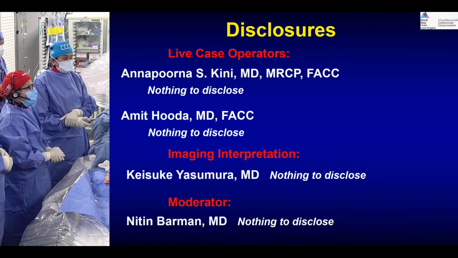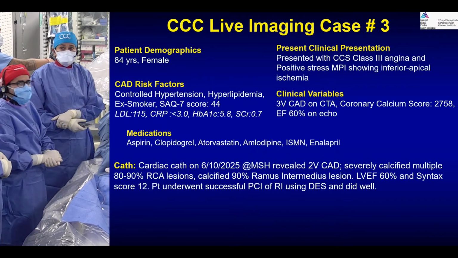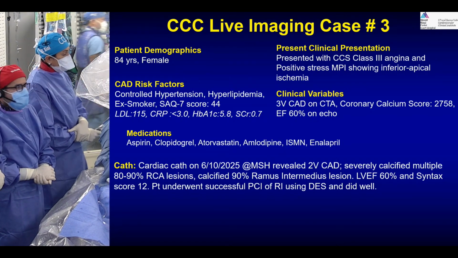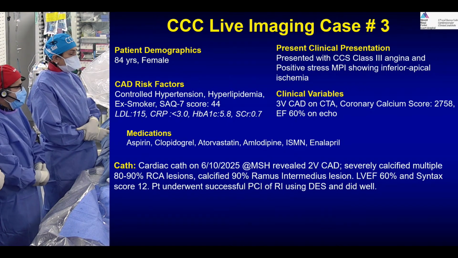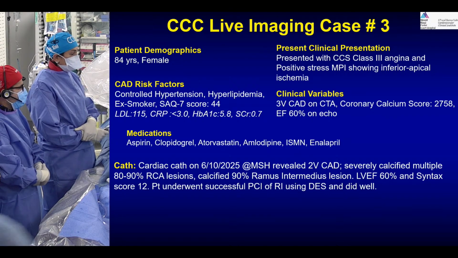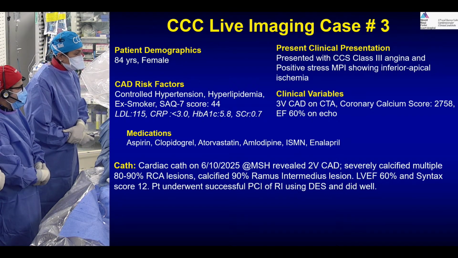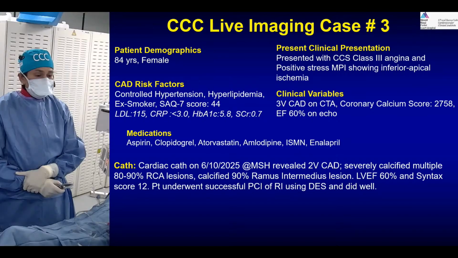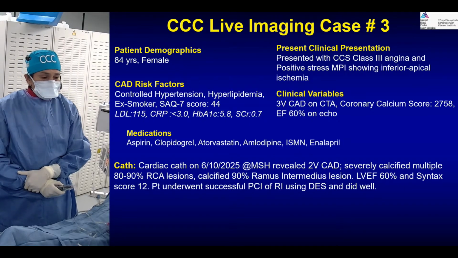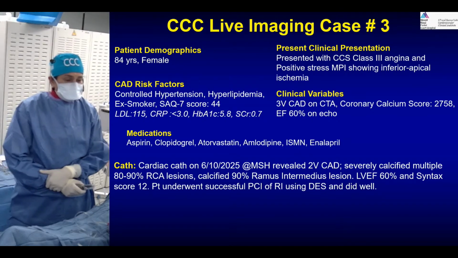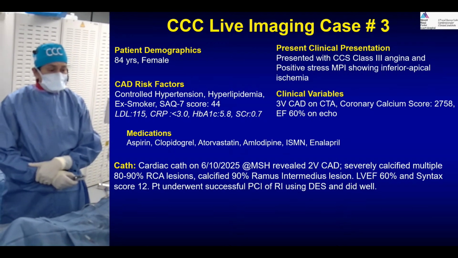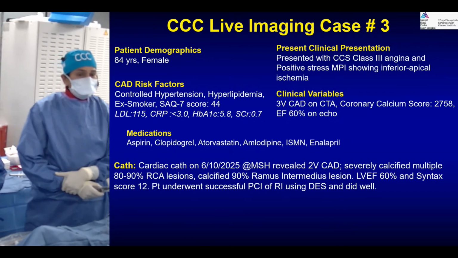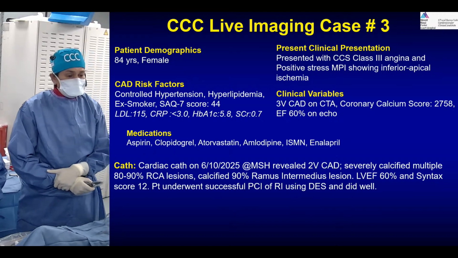So our case, number 3, is an 84-year-old female who presented a couple of months ago with angina class 3 and had a positive MPI, mostly showing inferior apical ischemia. She has multiple risk factors: controlled hypertension, hyperlipidemia, and ex-smoker, maybe the reason why we see so much calcium in her coronary arteries.